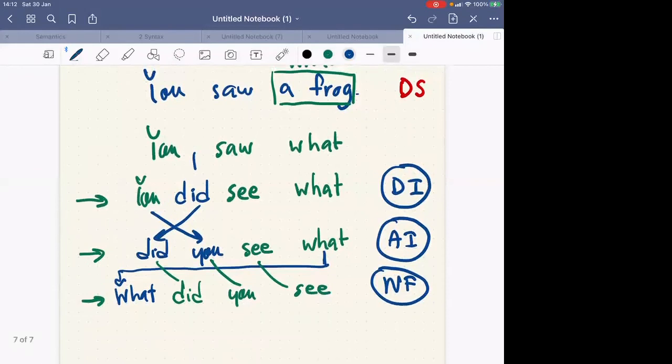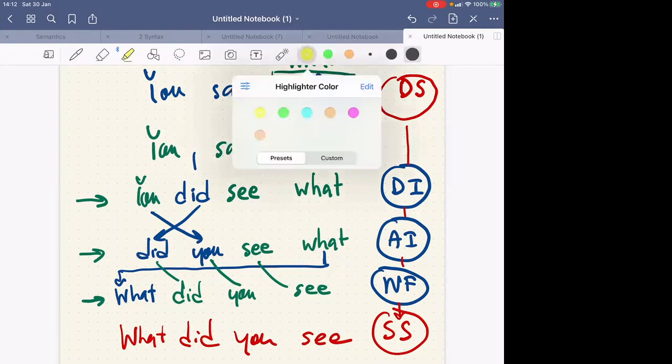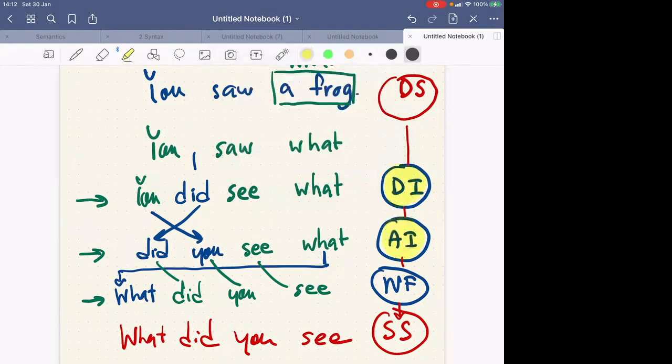And the sentence that we have at the last step here is what did you see, which is exactly the sentence at the SS or the surface structure. So from the DS here, we move to the SS, what did you see, by applying three rules altogether, the DI, AI, and WF.